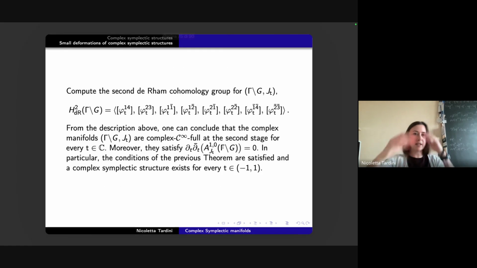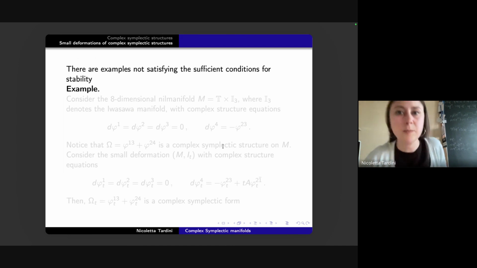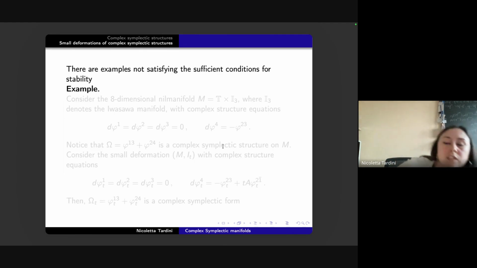This is an example where this condition is satisfied: we have a complex infinity full at the second stage, and so on. What I wanted to show is that in fact we have examples that do not satisfy the sufficient conditions for the stability.